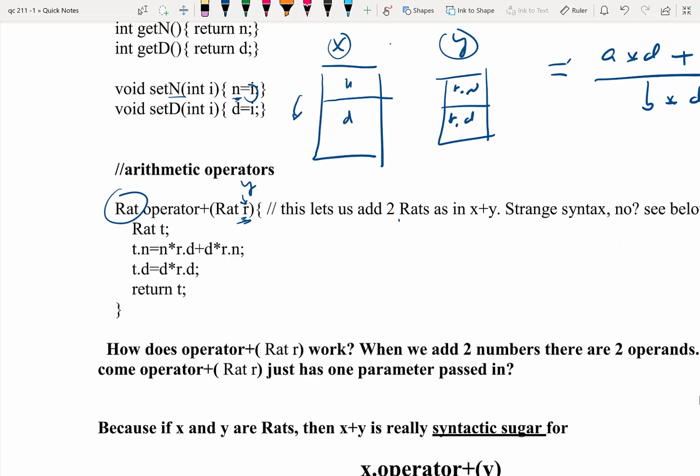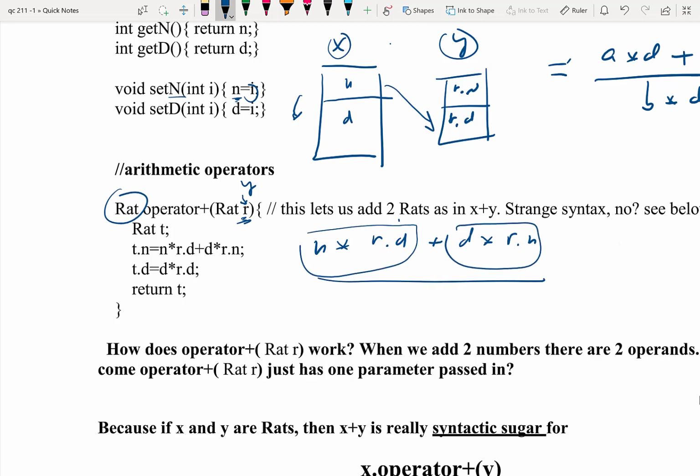The numerator is going to be n, which is x's n, times r dot d, plus d, which is x's d, times r dot n. See, now there's no ambiguity. And this plus this is divided by d times r dot d. So this is going to be the numerator of my rat.